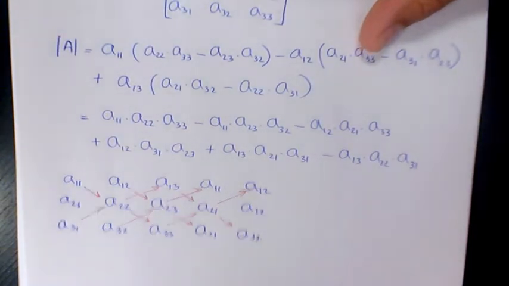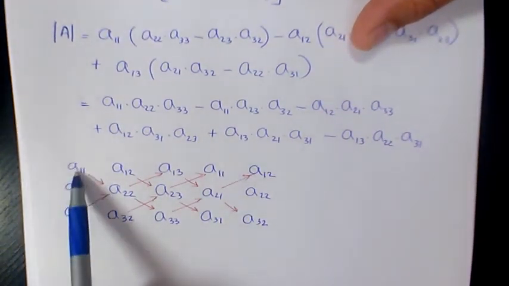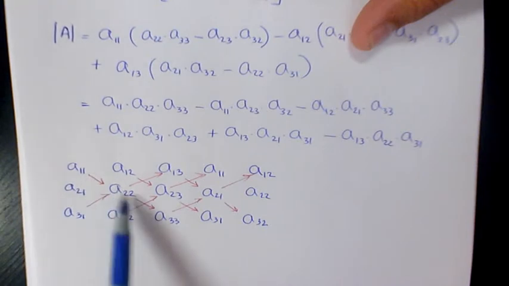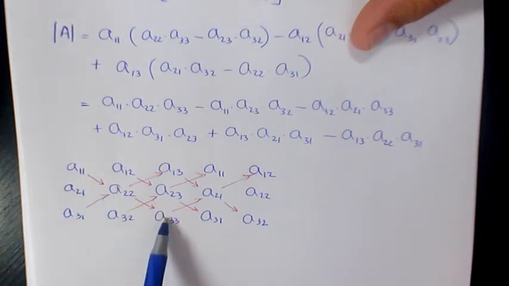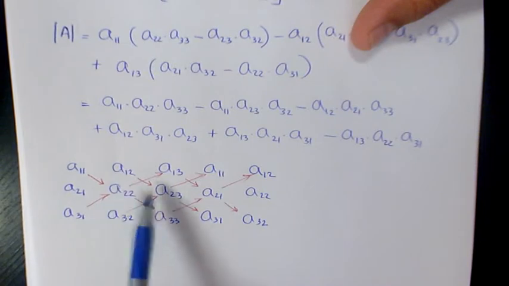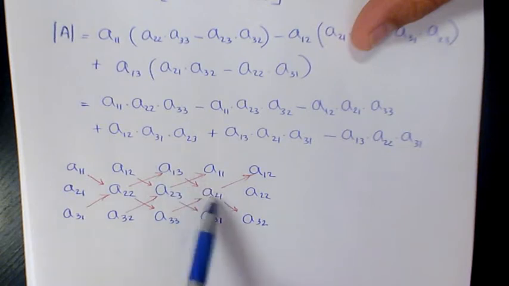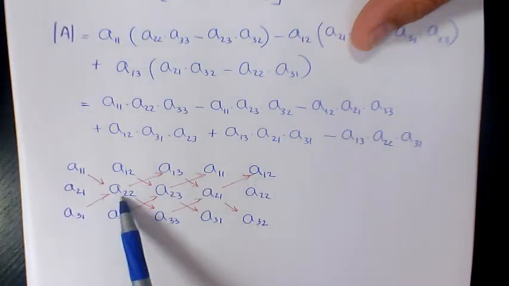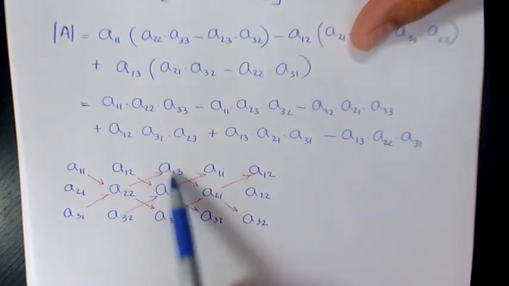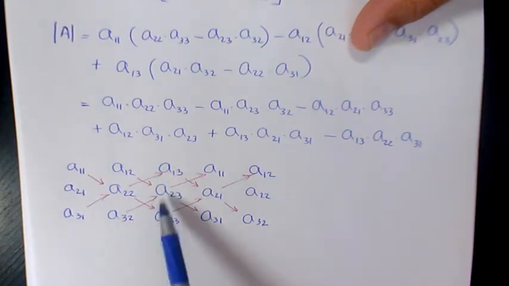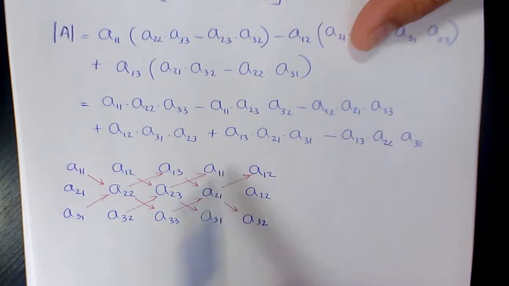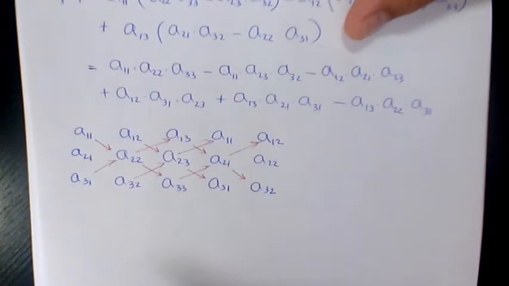So that means it's going to be A11 times A22 times A33 plus A12 times A23 times A31 plus A13 times A21 times A32 minus A31, A22, A13 minus A32, A23, A11 minus A33, A21, A12.